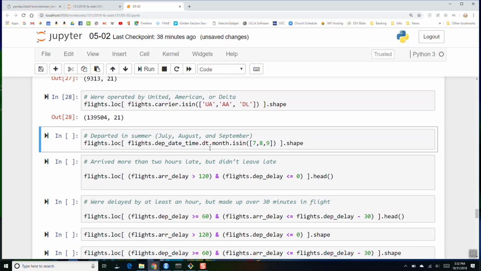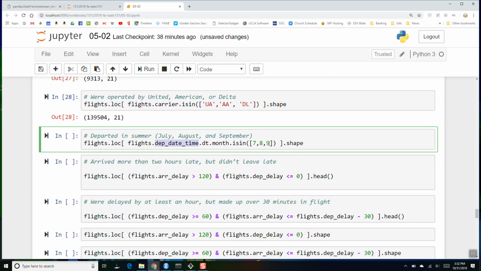For departed in July, August, September, what column you use might change your answer. So here I've got departure date and time, and then we extract the month out of that date time, and we say is 7, 8, or 9, okay? This will give us a different result versus if I look at scheduled, because scheduled will include flights that were canceled.